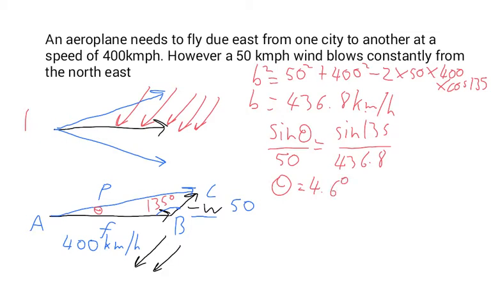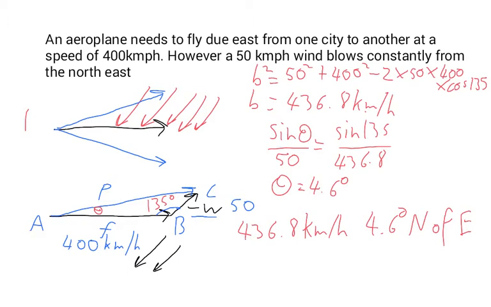So this plane will be flying at 436.8 kilometers per hour, 4.6 degrees north of east.